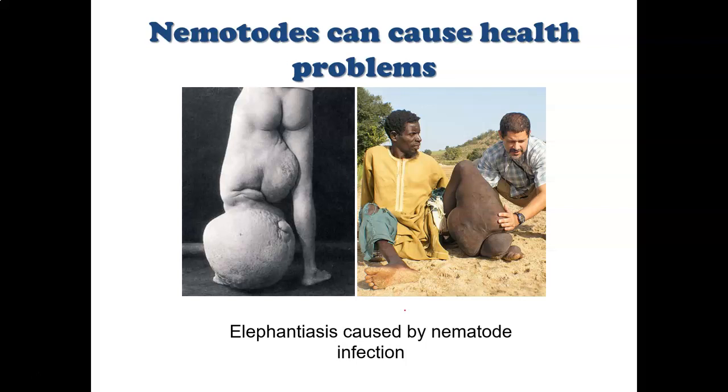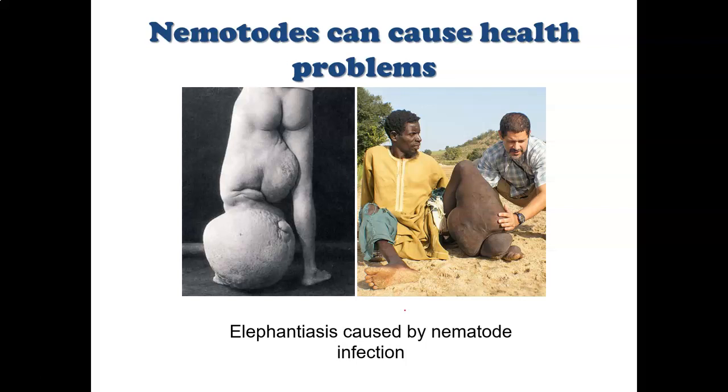The problem here is that the lymphatic system can't drain because it's been infected by nematodes. So because the leg can't drain, there's a giant swelling that occurs in the one leg. All right, and that causes this very, very severe edema that's the hallmark of a disease called elephantiasis.